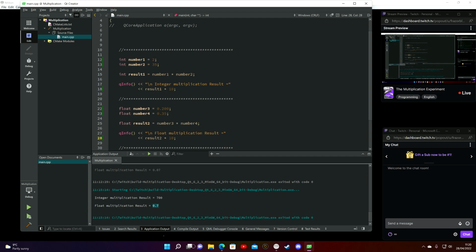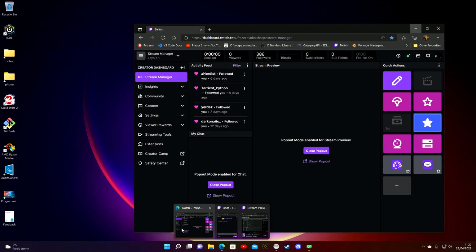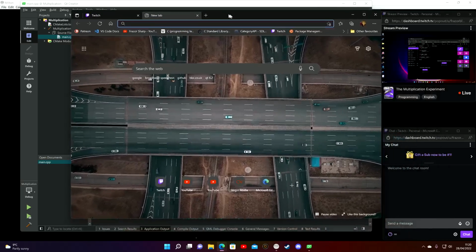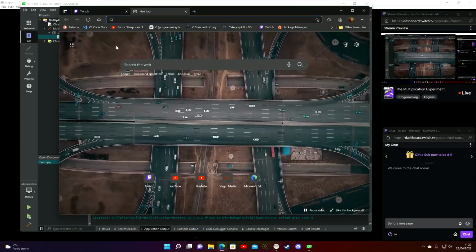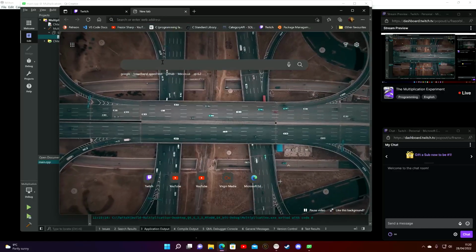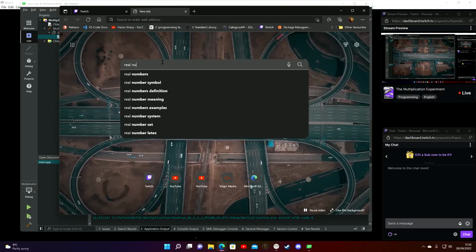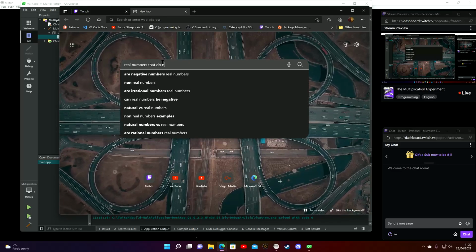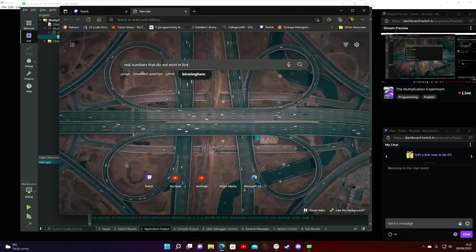Google's your friend. Oh, I've got all this lot on it, haven't I? Let's go to this page then. We'll give ourselves a different page, shall we? Oh, that's pretty. Real numbers that do not exist in binary.